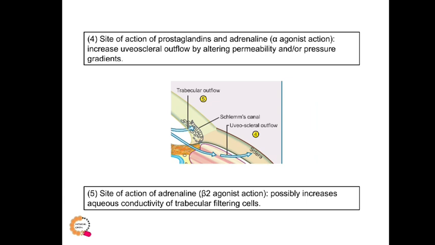This outflow can be increased by the use of some prostaglandins on the ciliary muscle, so that it increases the permeability of the ciliary muscle for aqueous humor and also maintains pressure gradients. And the fifth one is the trabecular meshwork, and here some beta 2 agonists work so that it increases the aqueous conductivity of the trabecular filtering cells.